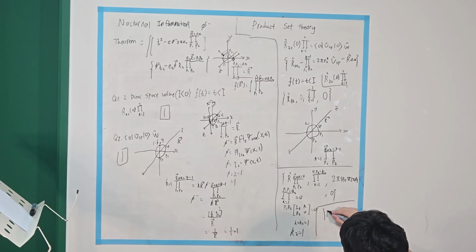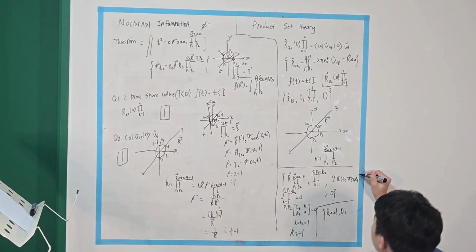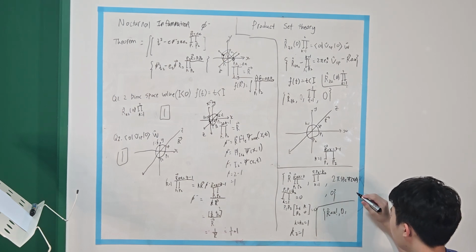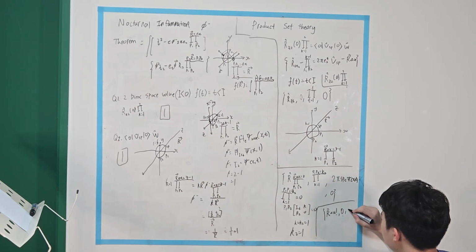Much simpler this time. R delta x factorial comma 1. I mean this is 0. 1, right? We knew that K equals T, so 1 and 0, 2 pi comma 0.